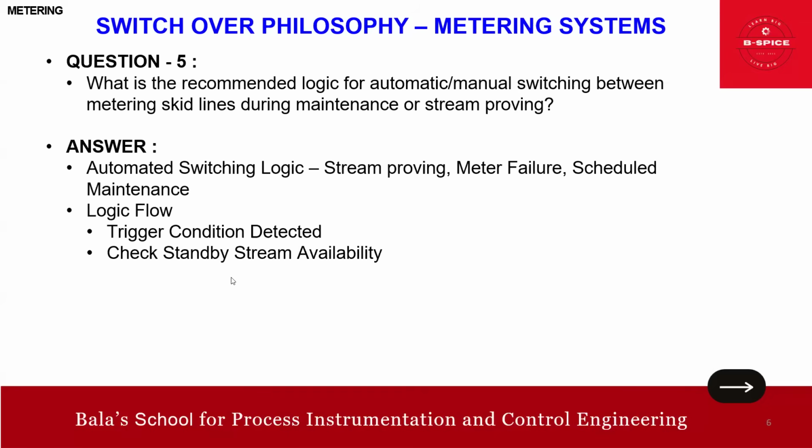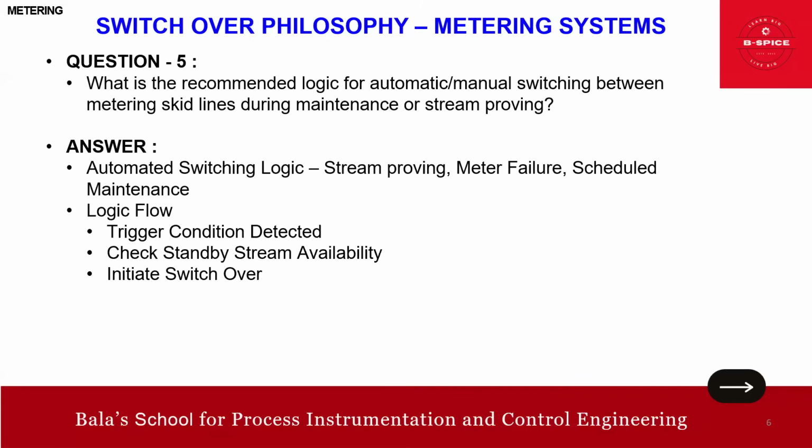Then check standby stream availability. Standby stream availability means confirm the standby meter is healthy and calibrated, and confirm the valves and instruments are ready. Then initiate switchover. Initiate switchover in the sense close the inlet and outlet valves of the active stream and open the inlet and outlet of the standby stream.